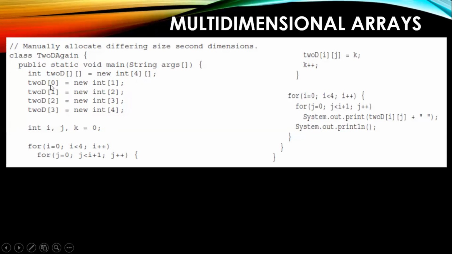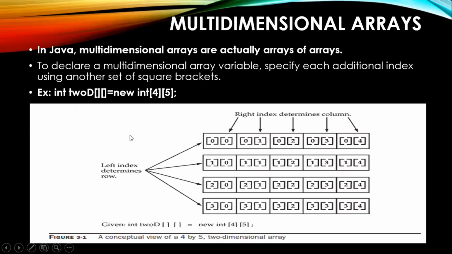Now what I'm saying is, with respect to index 0, I wanted a size of array as 1. So index 0's size is 1, right? If you refer to this particular diagram, if you are saying 4 rows, you will be having 4 rows, something like this. Now what I'm saying is, for the 0th index array, whatever you have, I want its size as only 1.